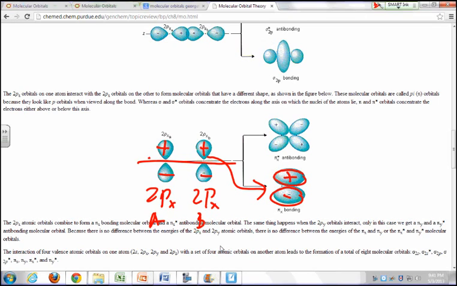That's going to be a pi bonding orbital. If this was negative, then you would end up with a pi anti-bonding orbital.